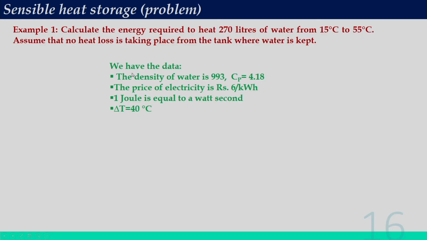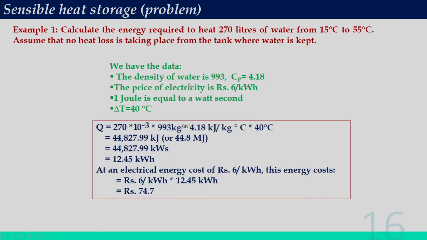Values given are: density of water is 993, Cp is 4.18 kilojoule per kg per Kelvin, price of electricity is 6 rupees per kilowatt hour, 1 joule is equal to a watt second, and delta T is 40 degrees C. So, Q can be calculated by m Cp dT.